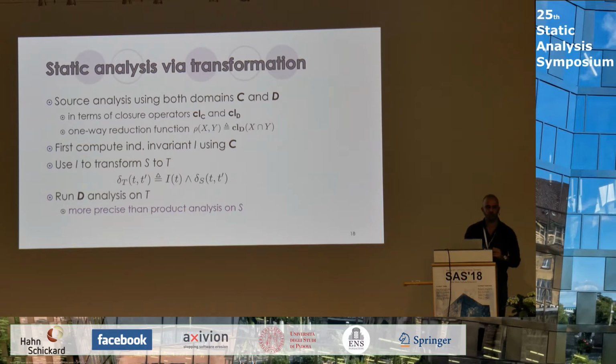First of all, this is a one-way reduced product, so the information is shared only in one direction. If you have a classic reduced product, you cannot apply this. At least we don't know how to apply these techniques. I'd be very surprised if you could do this. So this is a one-way reduced product. The final result says the analysis is more precise than the one-way reduced product analysis.